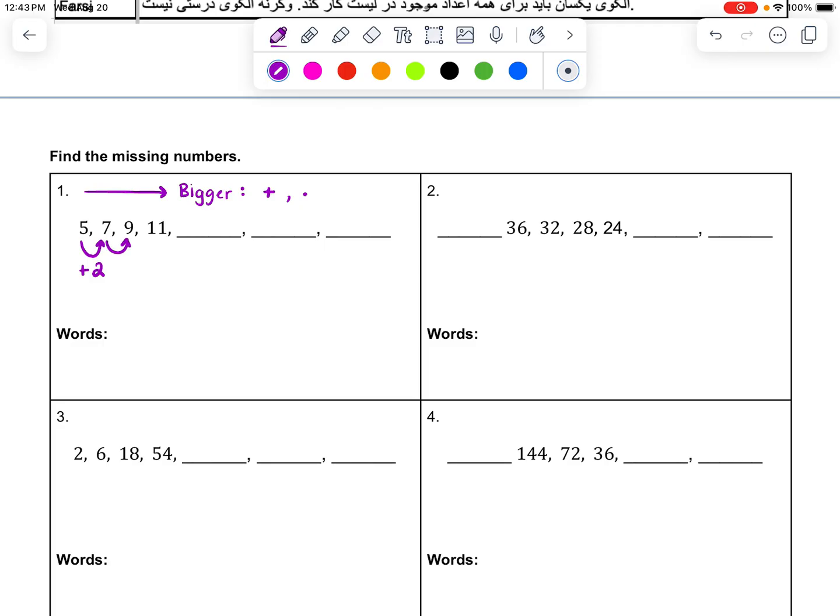From 7 to 9, plus 2. From 9 to 11, plus 2. So the pattern is plus 2. To find the rest of the numbers, we will keep adding 2.